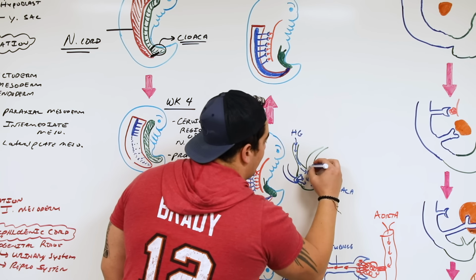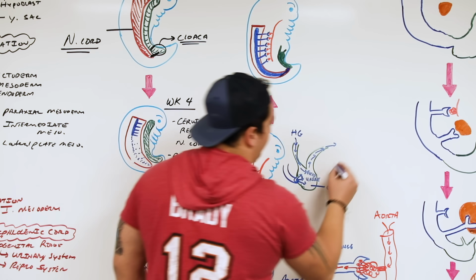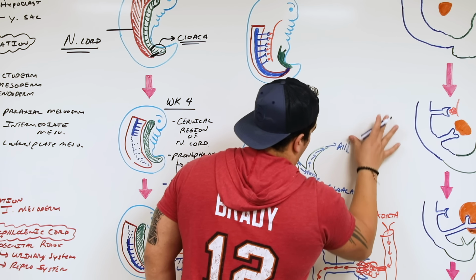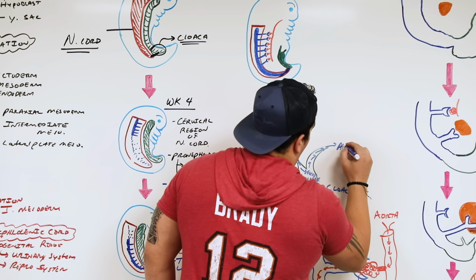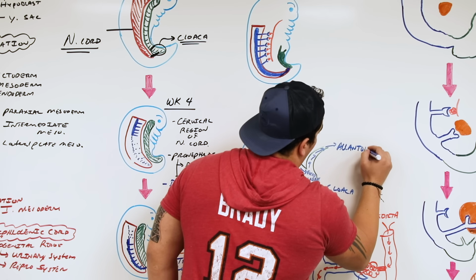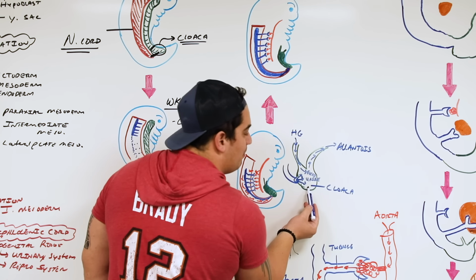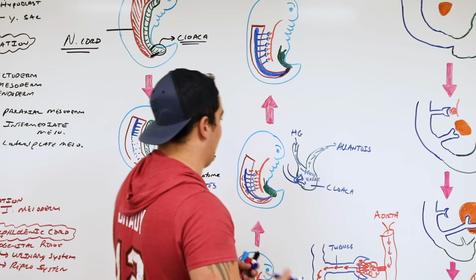And then exiting the cloaca is going to be a very special structure called the allantois. The allantois, okay? So that's the big thing that I want you to remember, that the cloaca is actually draining two structures, both the hindgut and the mesonephric duct. So it's emptying out both urine and feces into the allantois.